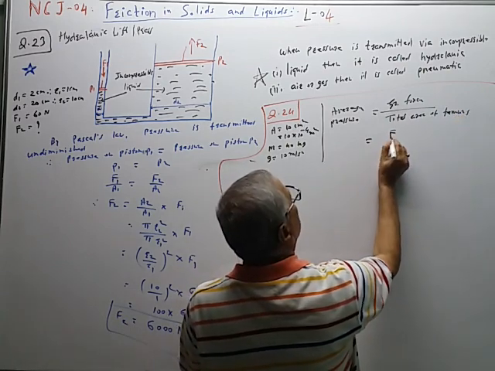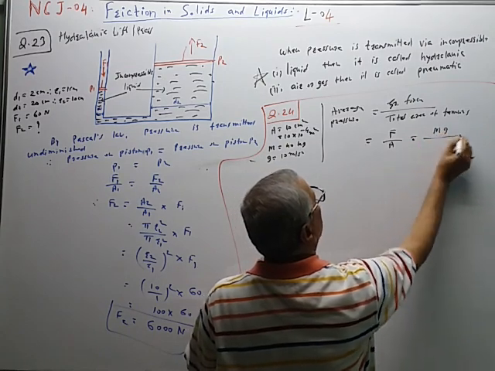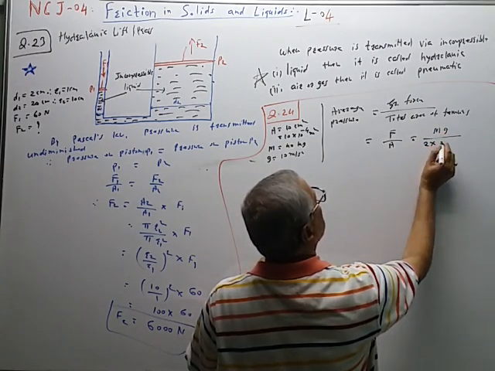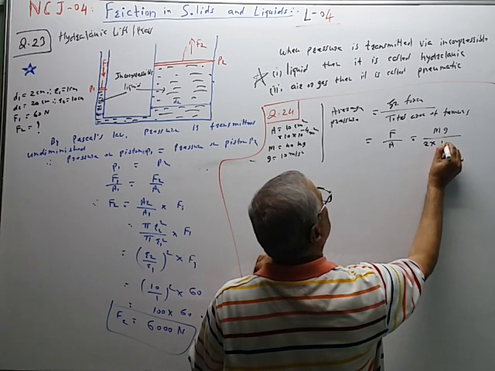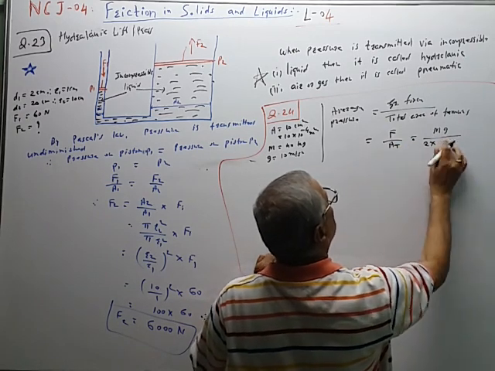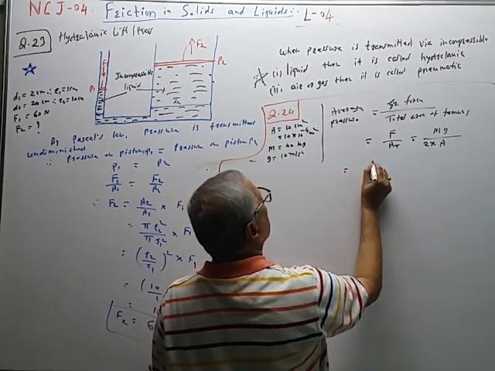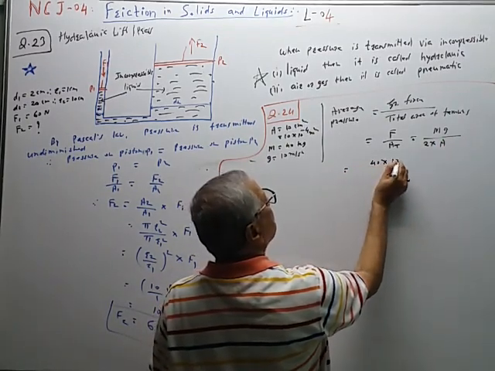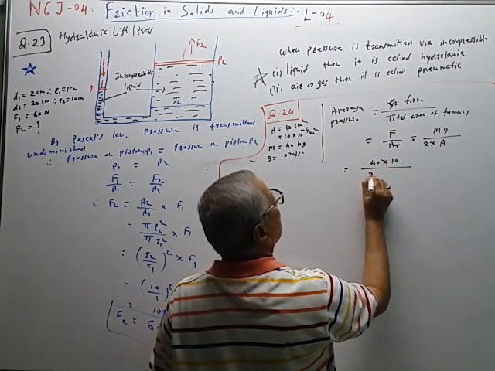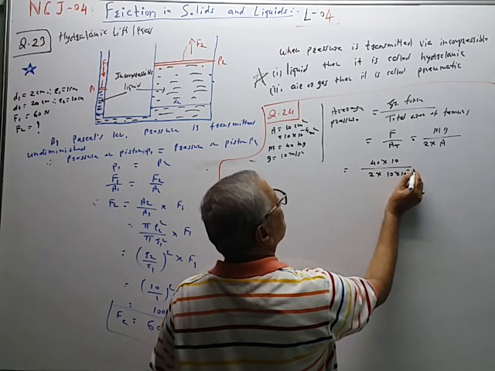Therefore, F upon A is equal to M into g upon total area, AT is equal to 2 times A. M is equal to 40 kilogram, g is equal to 10, divided by 2 multiplied by 10 into 10 raised to minus 4.